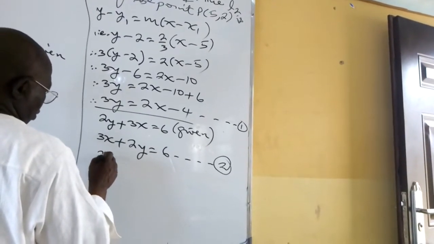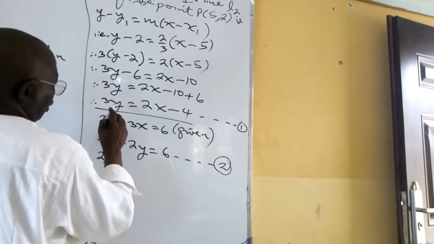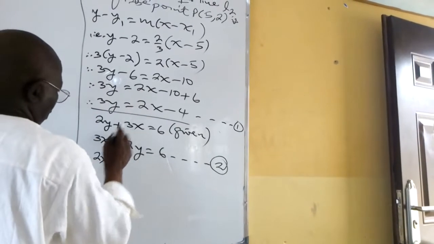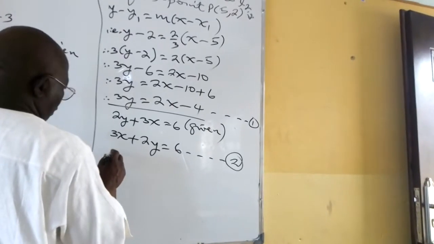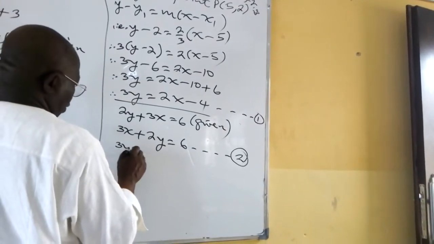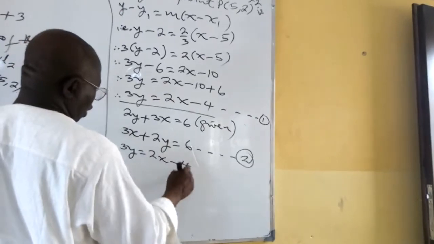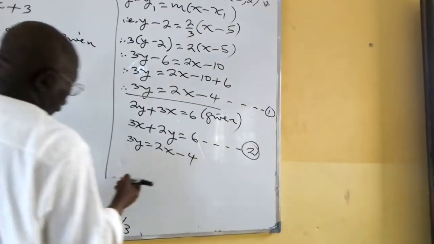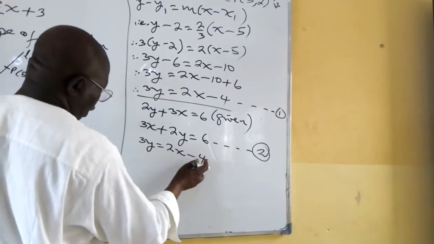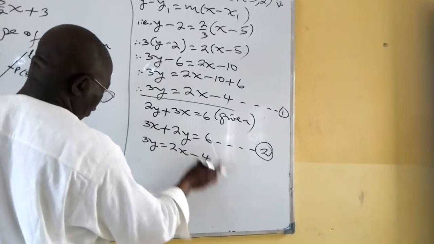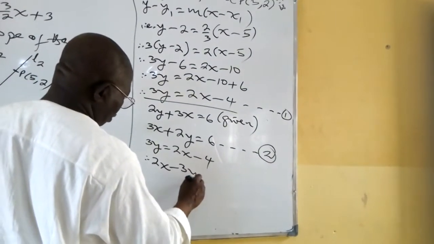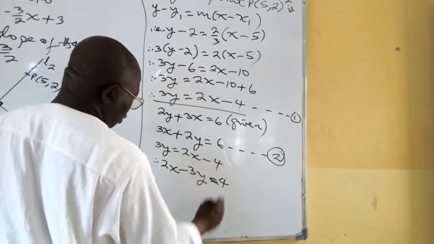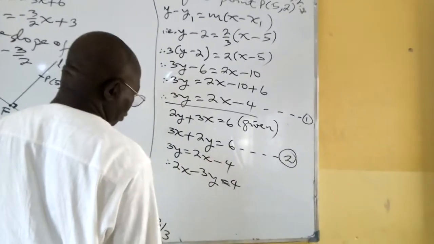In equation 1, I have 3y is equal to 2x minus 4. I can take minus 4 this side and 3y this side. So I have 2x minus 3y is equal to 4. That is what I'm doing.